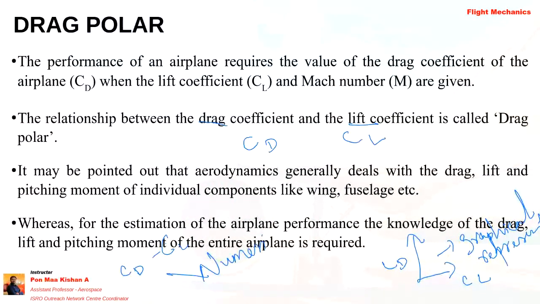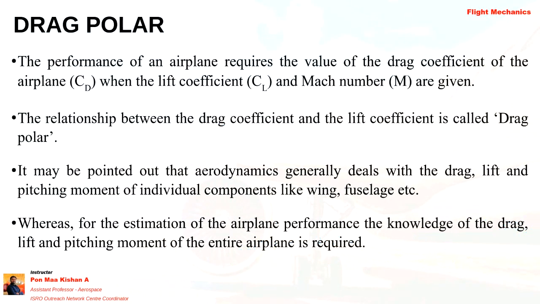I am not writing the equation right now because we will be deriving it during our session. Okay, so for just the definition, drag polar is the relationship between the drag coefficient CD and lift coefficient CL. Either it can be given in a graphical form or in an equation form also.